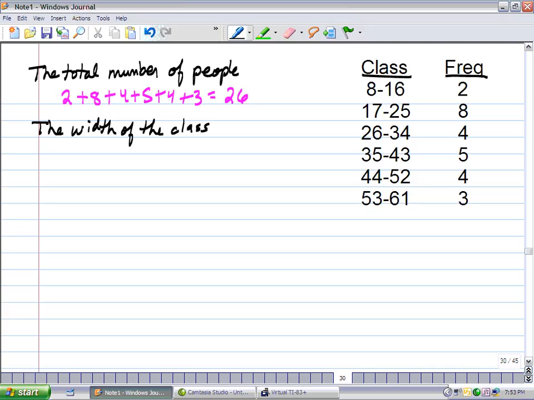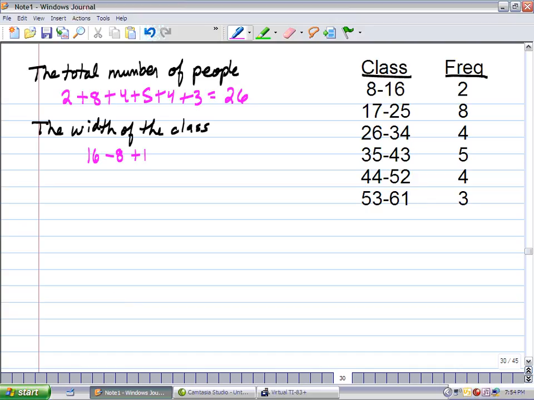You might be tempted to just say 16 minus 8, but that's how many gaps there are between the problems. I want to actually know how many problems there are. So you're going to do the largest number minus the smallest, and then add 1 to count the smallest.